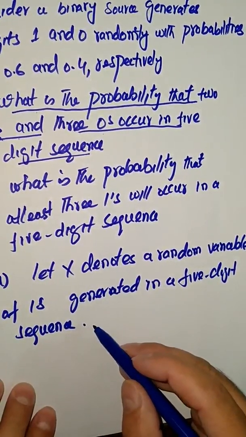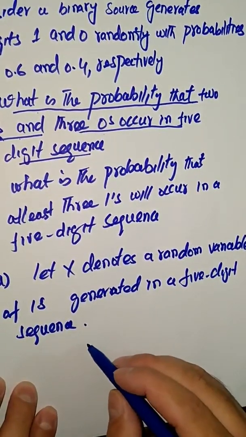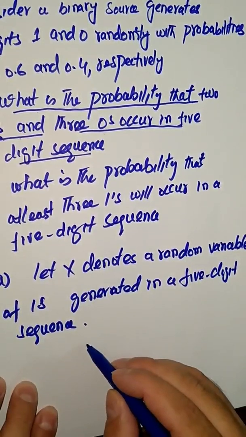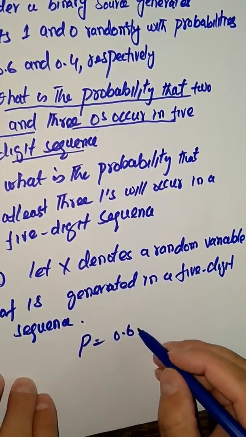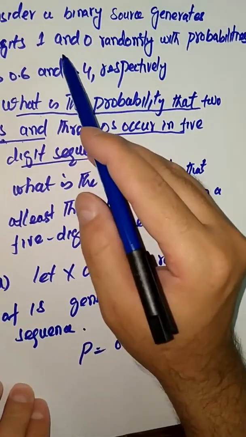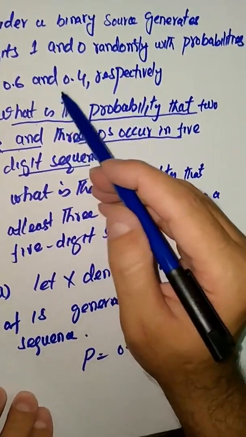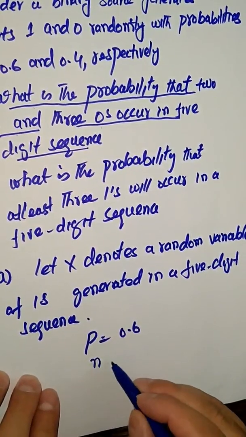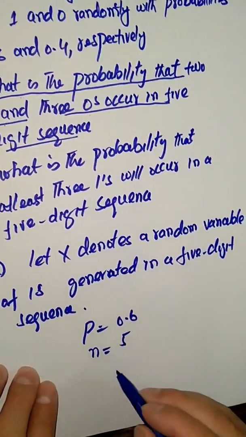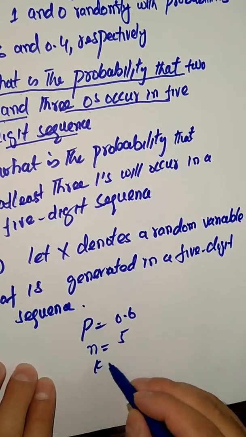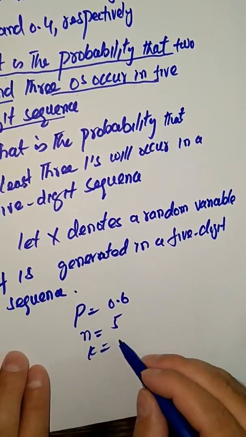So the parameters will be, that is, p is equal to 0.6, the probability of occurring 1 is 0.6, and the total number of digits in a sequence is 5, and k is equal to 2, that shows the number of ones.